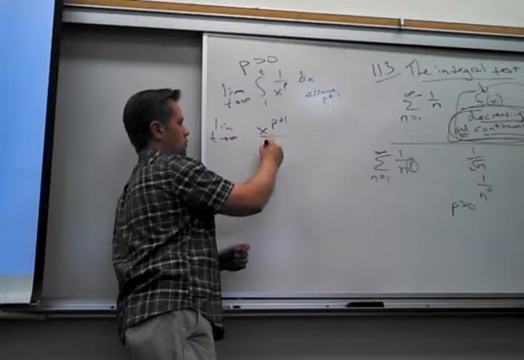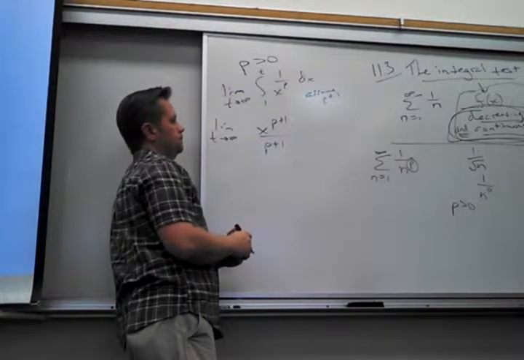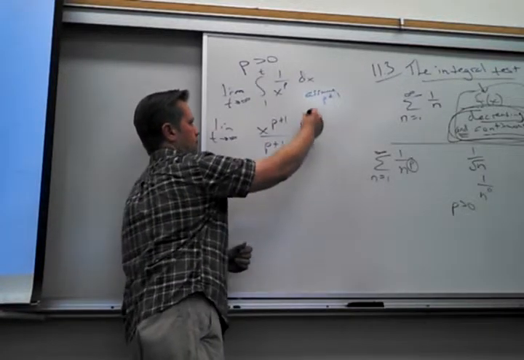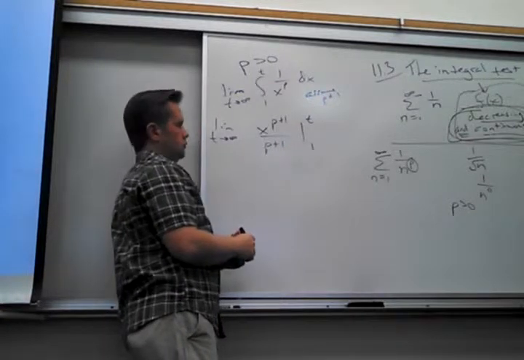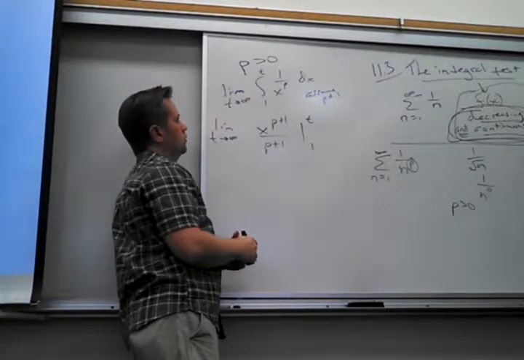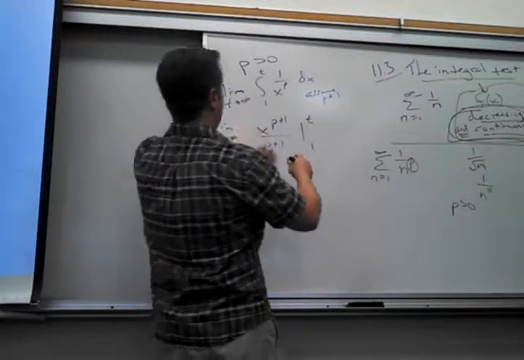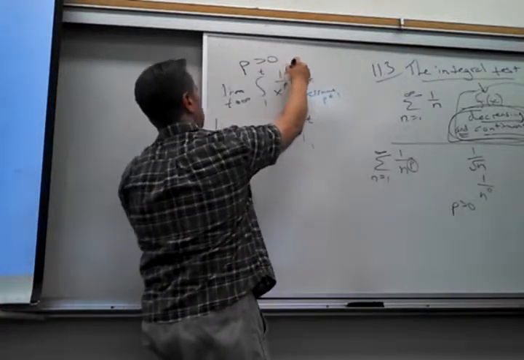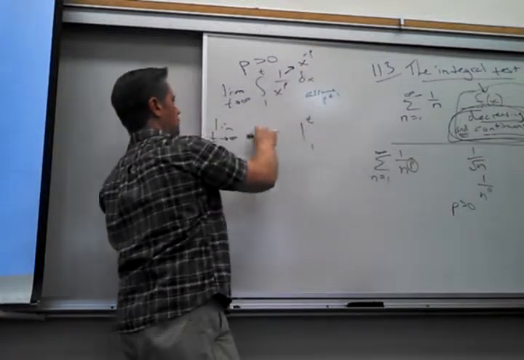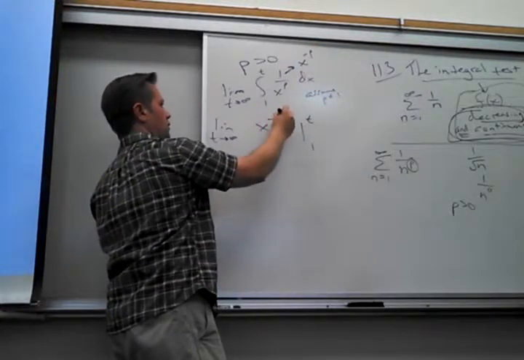So it's x to the p plus 1 times 1 over p plus 1, from 1 to t. Wouldn't there be a negative in there somewhere? This is in the denominator. Oh, yeah. That's right. This is x to the negative p, so it'll be x to the negative p plus 1.